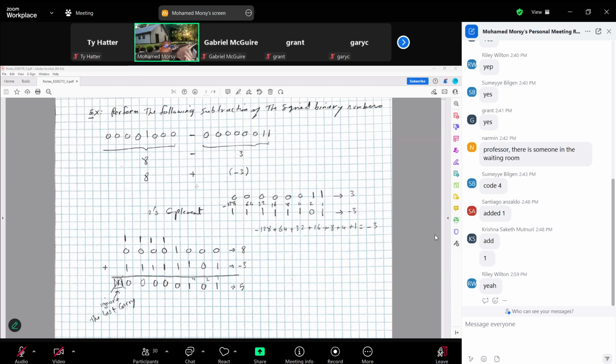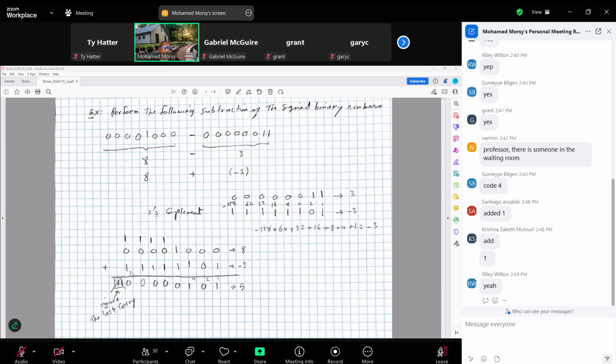So how do we do that? First of all, we convert this to two's complement format. So 3, we need to subtract, right? So we take the second number here, 3, and we convert it to two's complement.